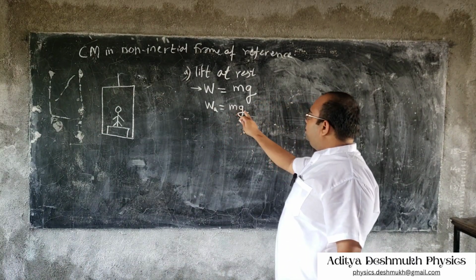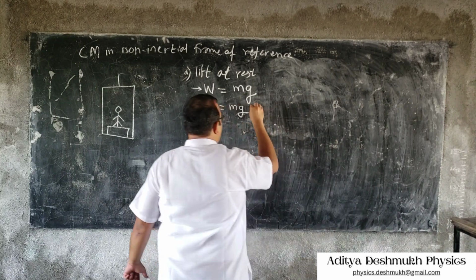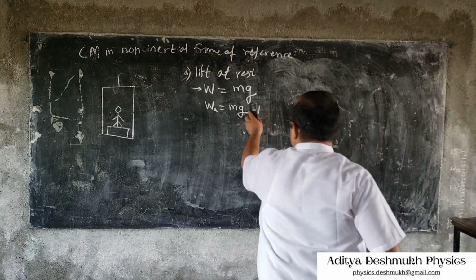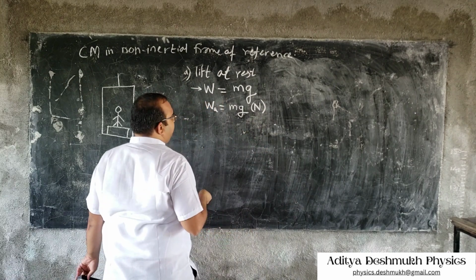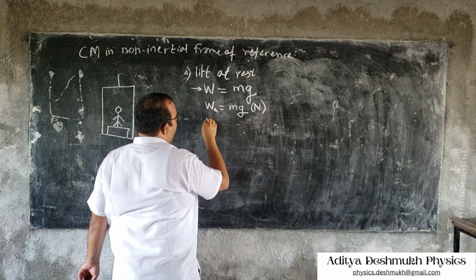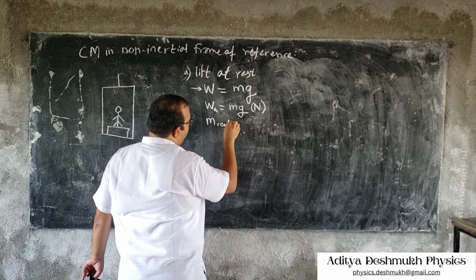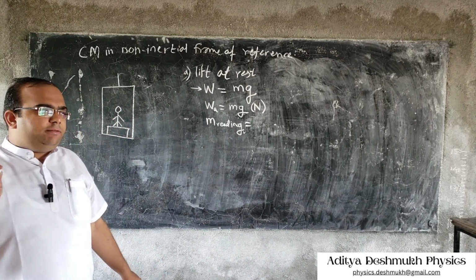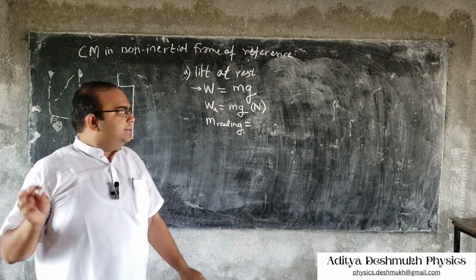The weighing scale will show this much weight in Newton, or mass reading on the scale, because the weighing scale shows us mass in kg.